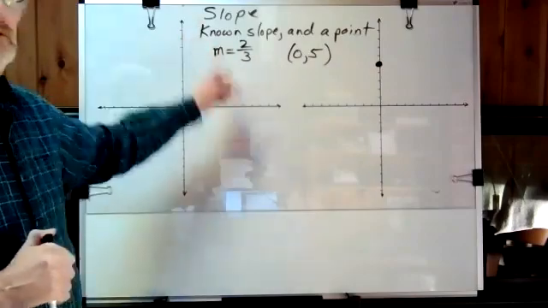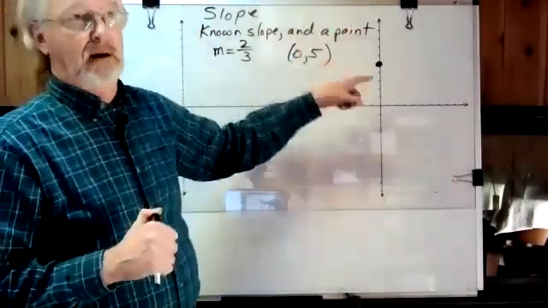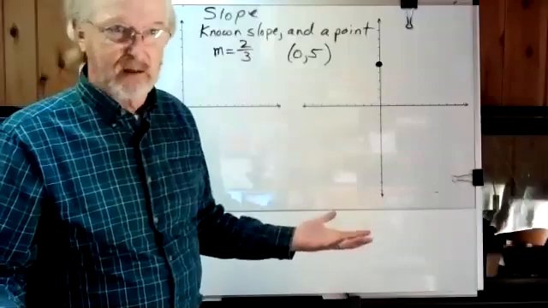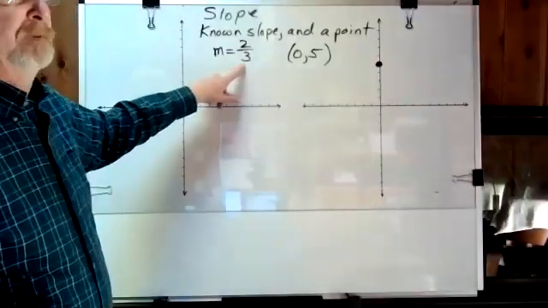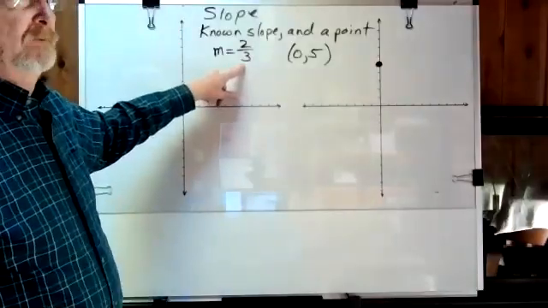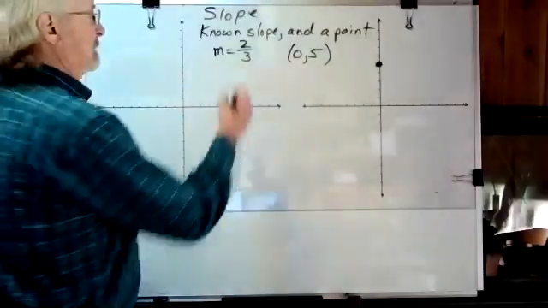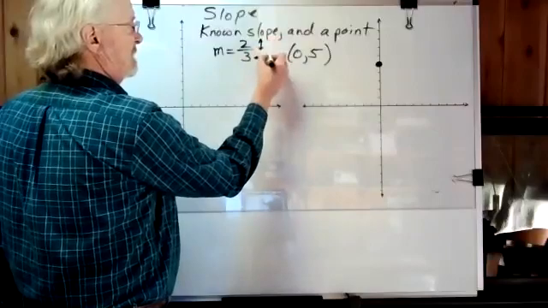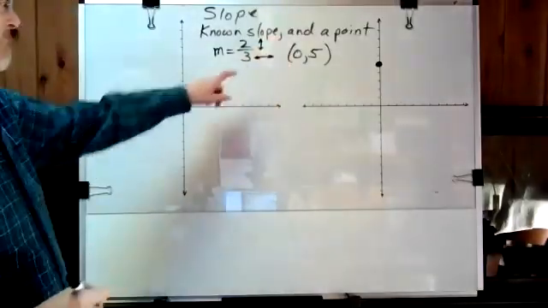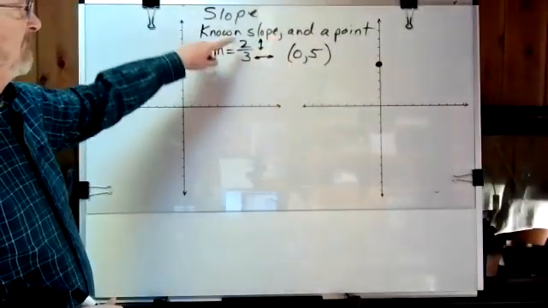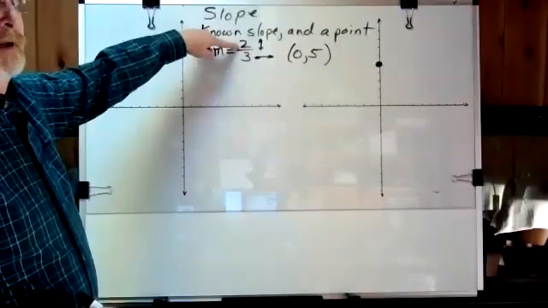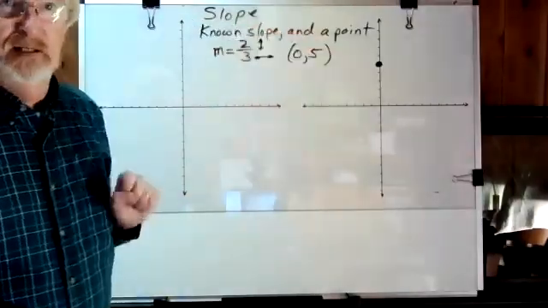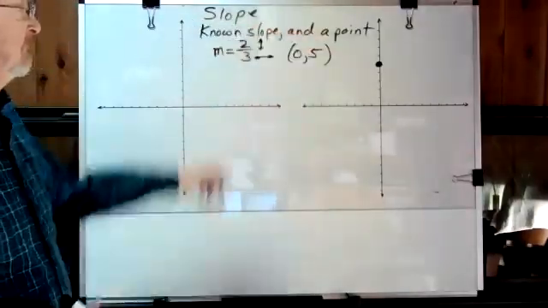Now, I can use the slope from that starting point. You always need a starting point. Use that slope to find a second point. So here's where I have to remember, oh, that rise over run idea. From that point, if I go up 2 and over 3, there should be another point on that line.